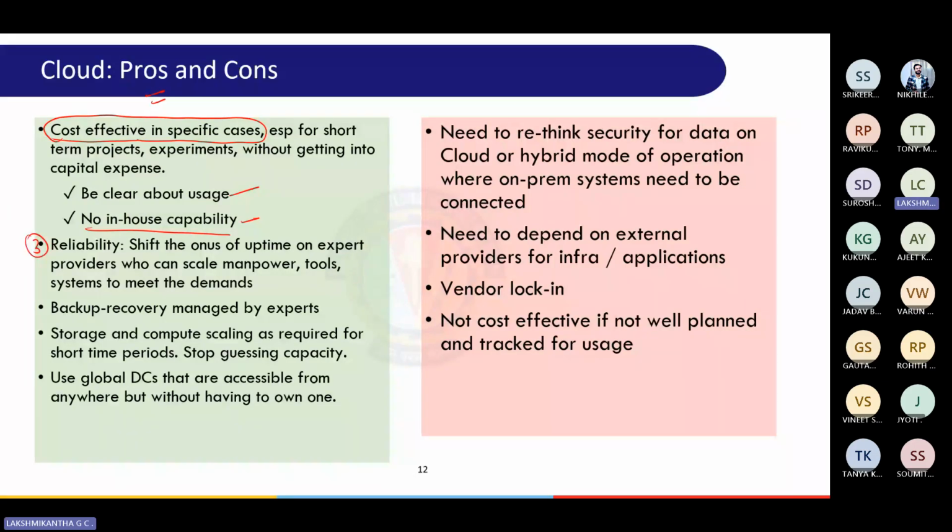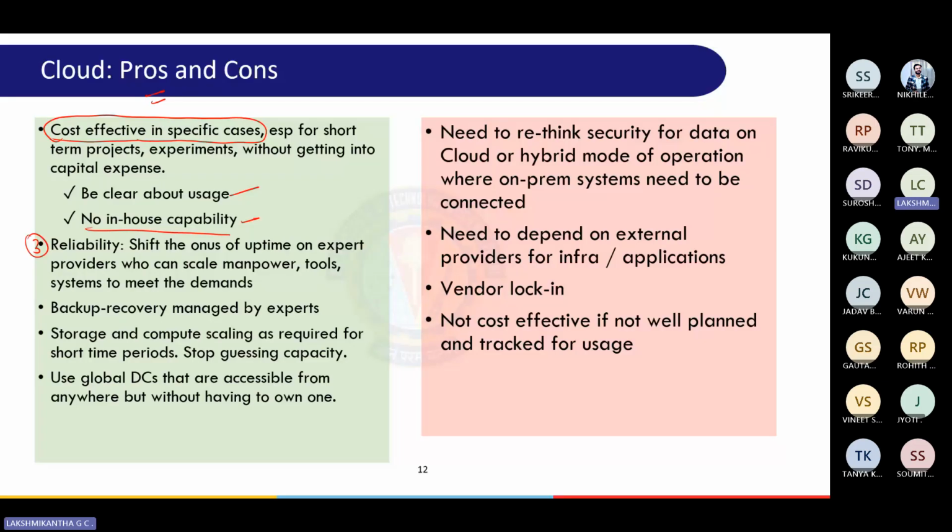You shift the onus of uptime onto expert providers. AWS, Azure, and GCP have thousands of engineers, tools, and systems dedicated 24/7, ensuring high availability and fault tolerance. They manage the backup and recovery for you, guys.